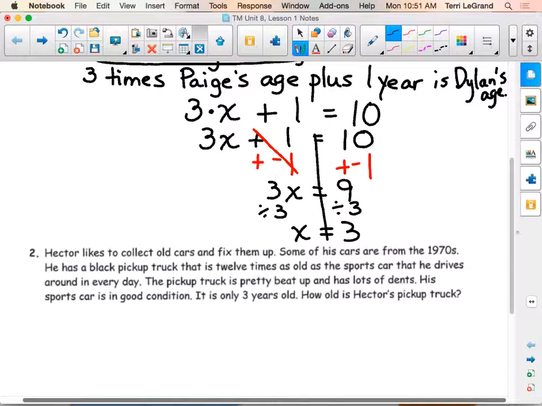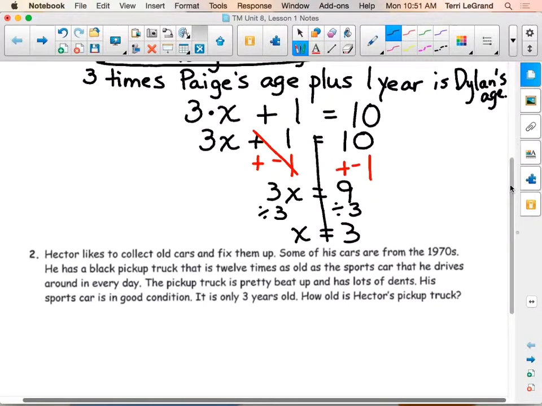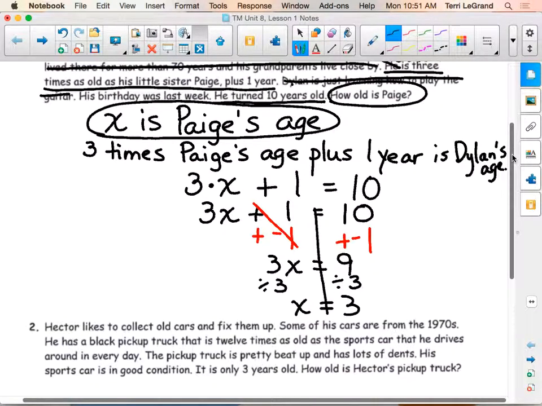Okay, and now on these word problem ones, we're going to answer the question in a sentence. We're going to do some English practice here too. So what was the question again? How old is Paige? So is this Paige's age, or do we have to do something? Is Paige 3? How do we know if she's 3 or not? Look up here.